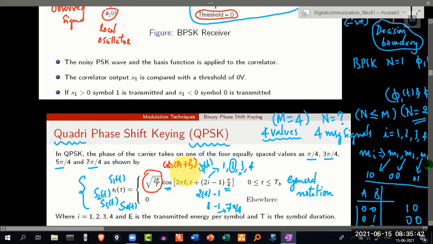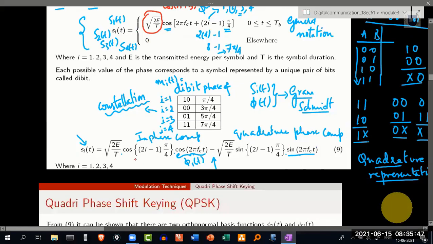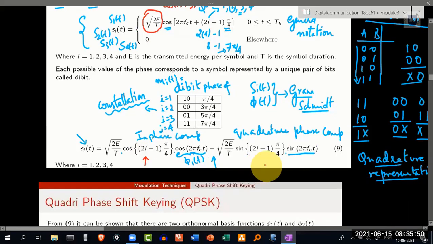So when I expand this, I'll get an equation which contains two terms, and I'll multiply this constant onto both these terms, where the first term can be called the in-phase component and the second term consists of the quadrature phase component. And in fact, we can separate our basis functions phi1 of t and phi2 of t out of this.